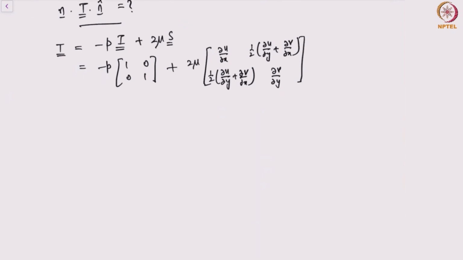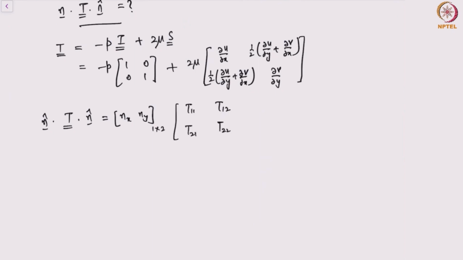So now that I have the stress tensor, I can write down the expression of n dot t dot n using matrix multiplication. That would be the vector nx ny. Remember, this is a row vector, so this is 1 cross 2. Then T11, T12, T21 and T22.